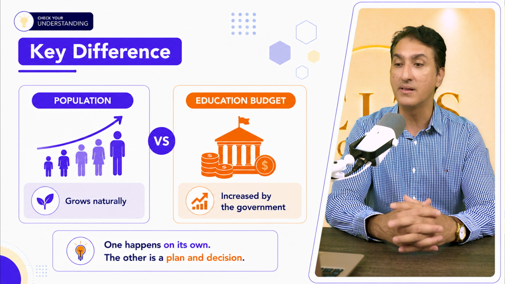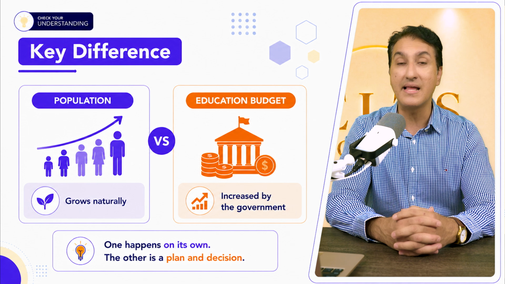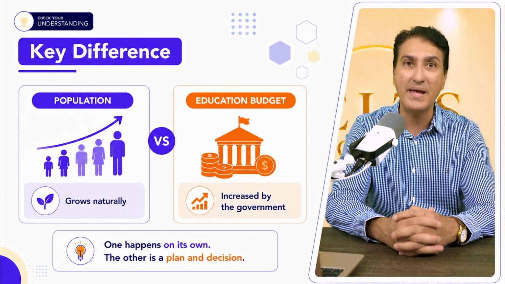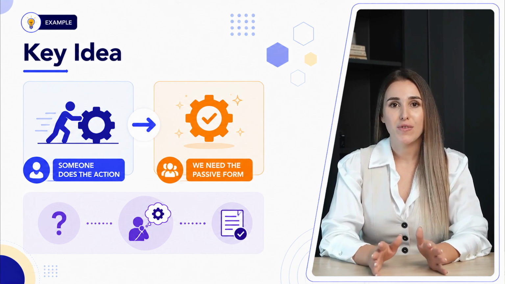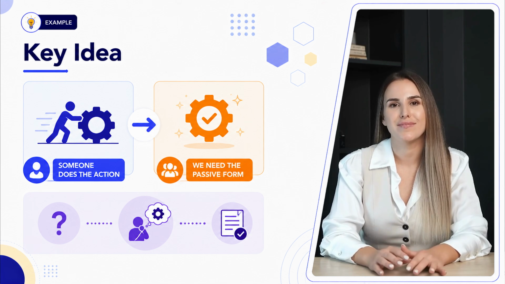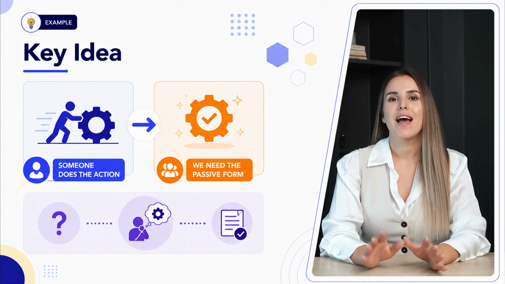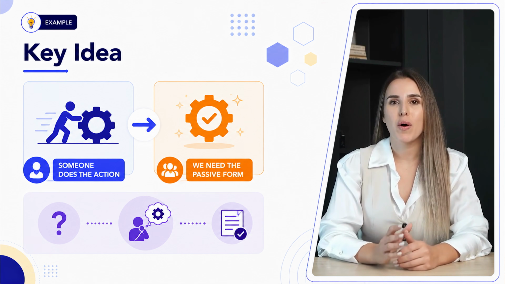In this example, it is the government that increases education spending. Anna, can you see the simple question we have been asking in every example? Yes, I just ask myself, who is doing the action? If someone is doing it, I usually need the passive form.